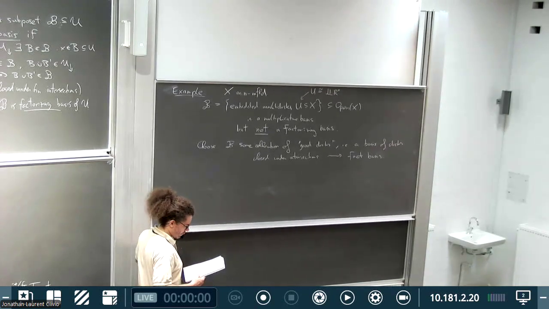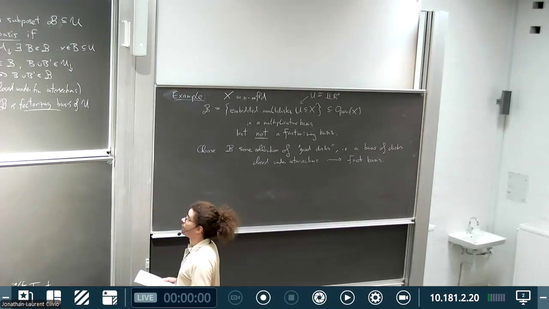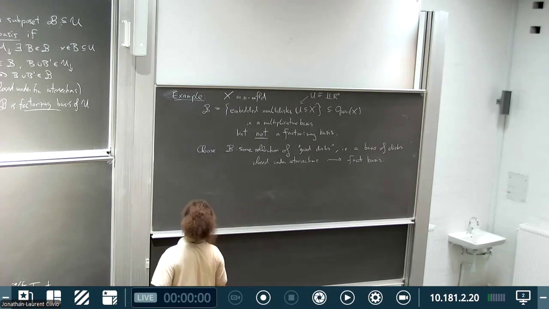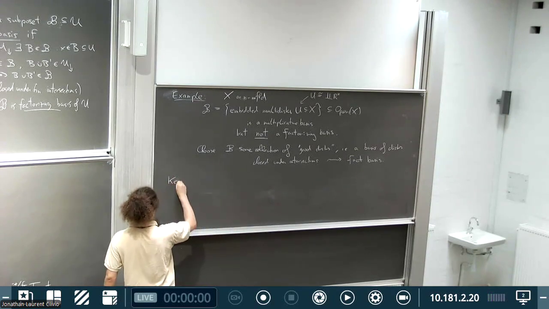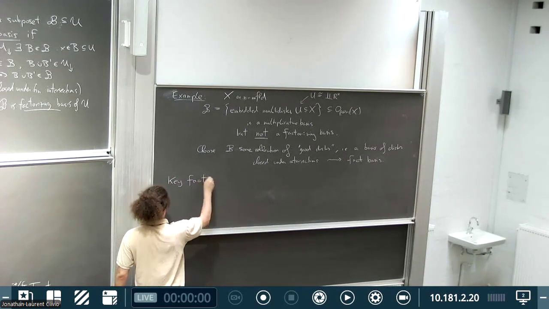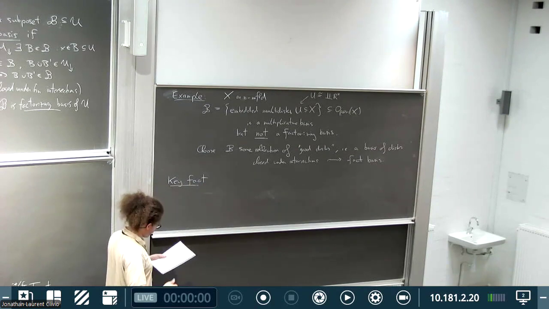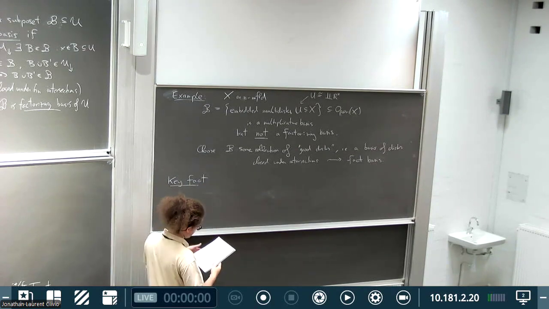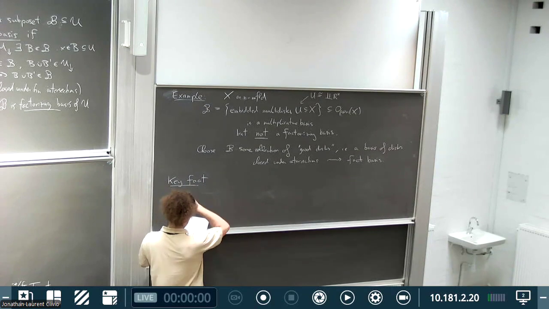And so here's the key fact about why these factorizing bases play a role. And then using this key fact, there's a bunch of stuff one can very easily prove. So let me just state it.